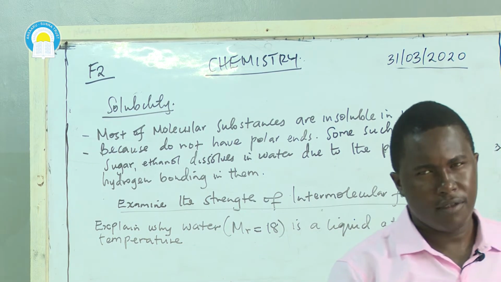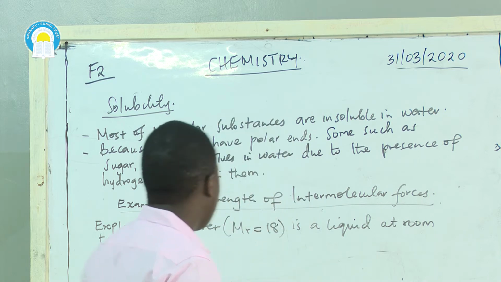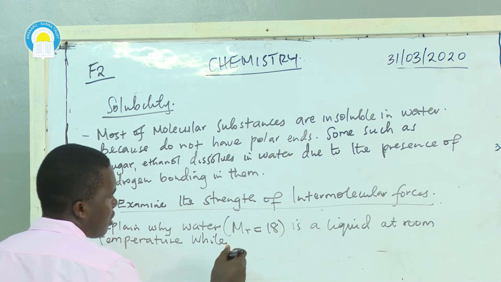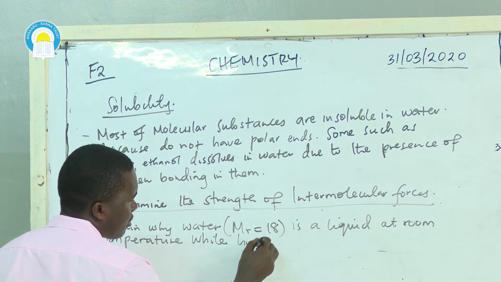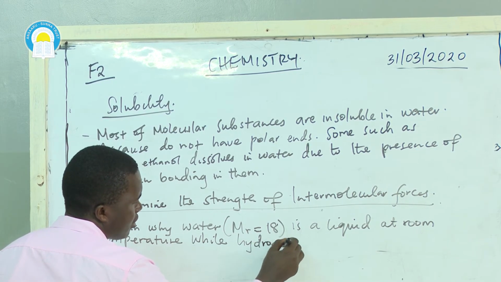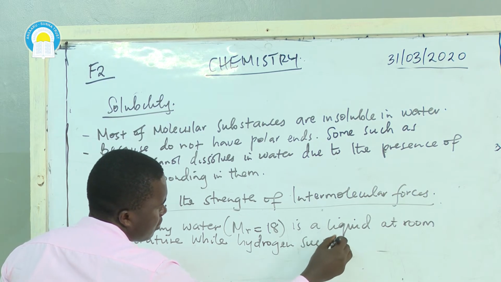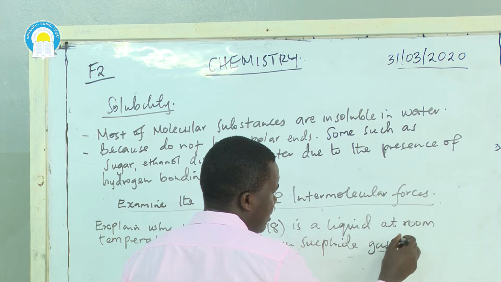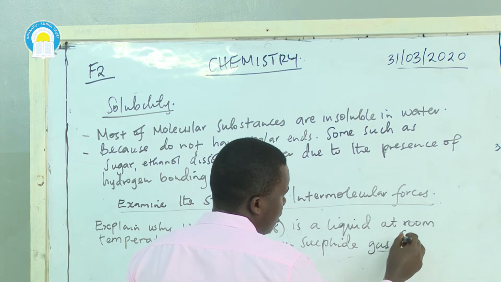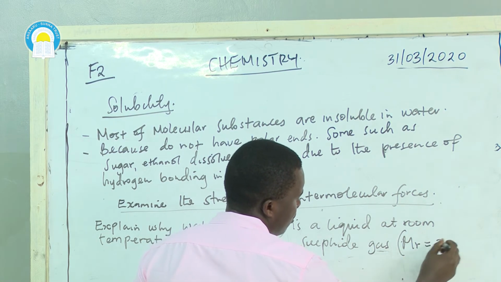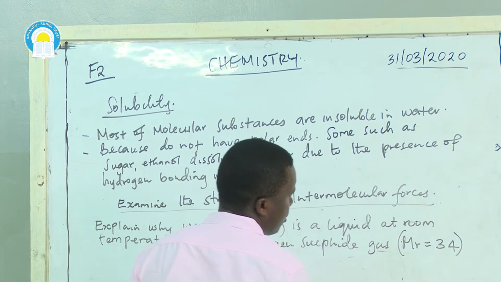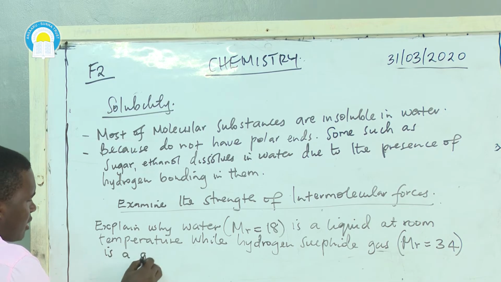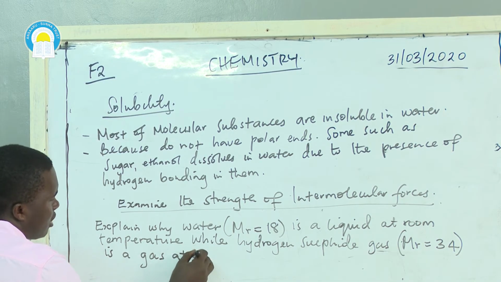while hydrogen sulfide gas, molecular mass 34, is a gas at room temperature.